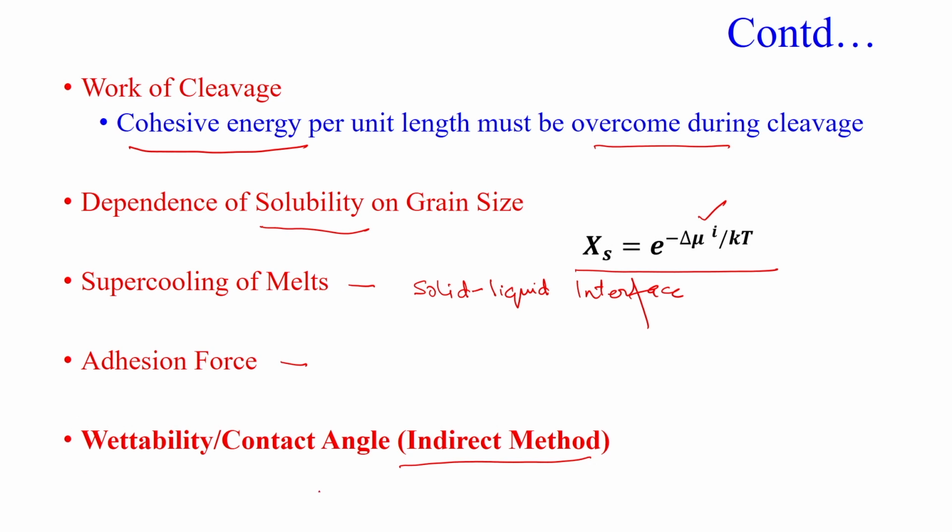So, we will discuss this wettability or contact angle method first, then we will also see a few examples based on this method of how we can calculate the surface tension of solids. Then we will briefly see how we can measure the adhesion force of solids.